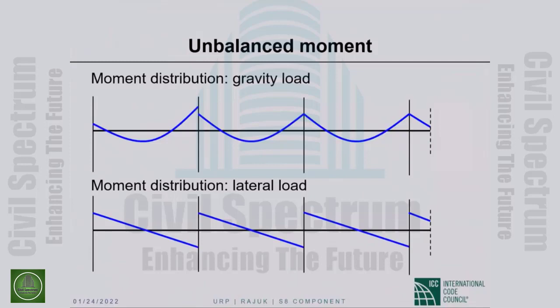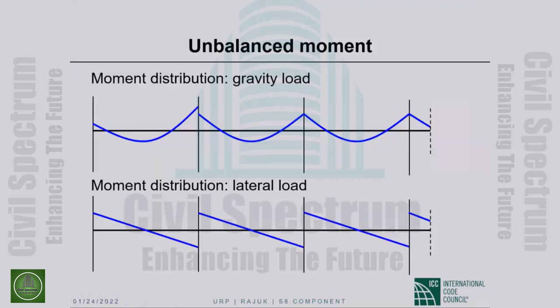So, this is a slab strip, let us say, continuous over several columns. Under gravity, in the top picture, this is what our bending moment diagram looks like. The blue lines indicate the bending moment diagram. At the exterior support, this entire slab end moment must be transferred to the column for equilibrium.